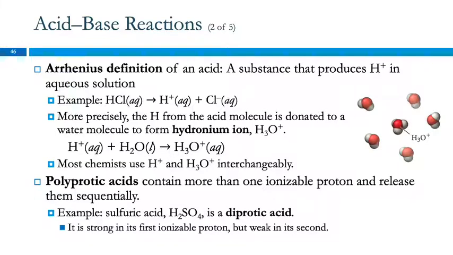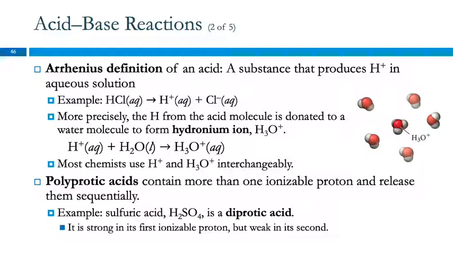This was a scientist, so it's his definition of an acid, a substance that produces hydrogen ions in aqueous solution. So that's the definition of acid that we've been using. And here we see HCl. HCl is a molecular compound, but when it's dissolved in water, it forms ions. It ionizes. So it forms hydrogen ions and chloride ions.